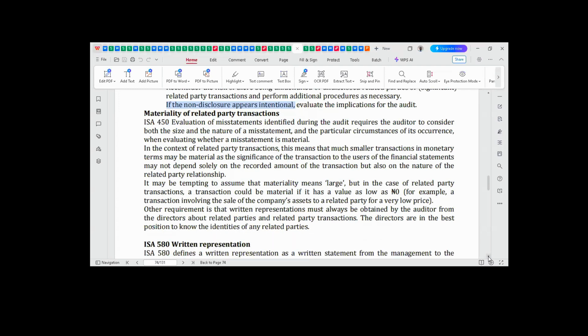So for all of this, your take home is that yes, the auditor has been able to identify related party transactions, but he still needs to discuss the implication of these transactions on the financial statement with the client. And what he will expect from the client is a support in the form of what? A letter.